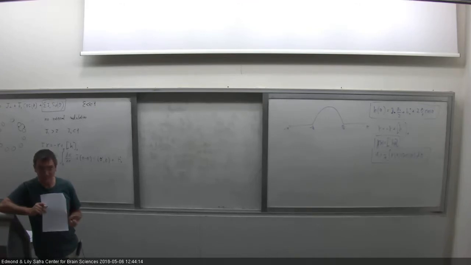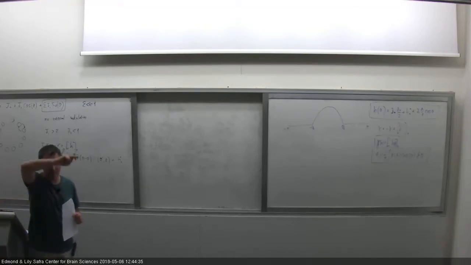And this is something that we may expect, given the fact that the bump solution is a line attractor, a manifold attractor, and therefore is very sensitive to any change in the parameters of the problem, which in some sense breaks the symmetry in the direction of the manifold of solutions.